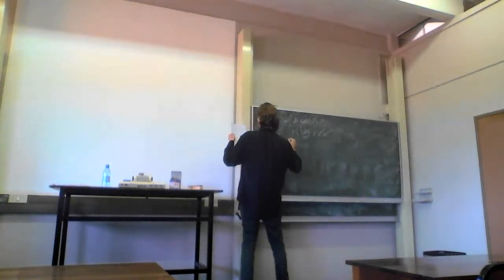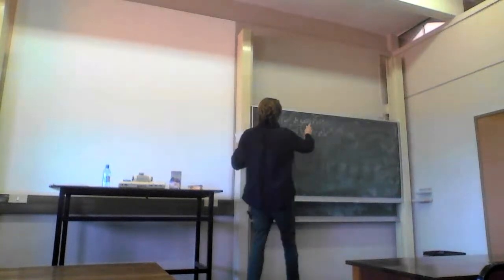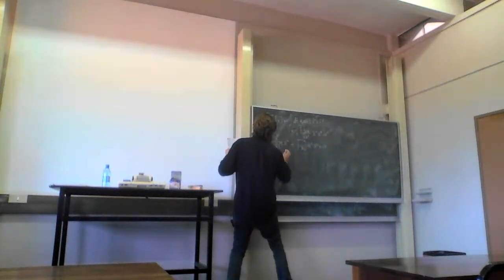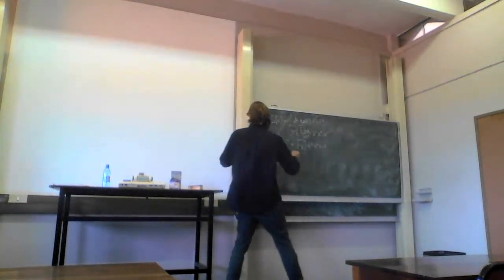It's t squared of X^A coming from this term, and then we have zero, where gamma is nothing but the Christoffel connection associated to the metric.